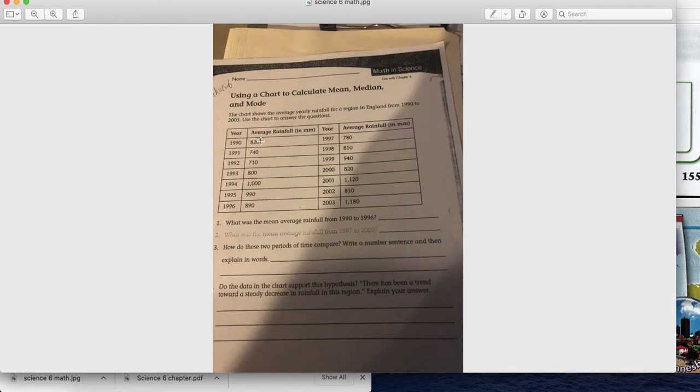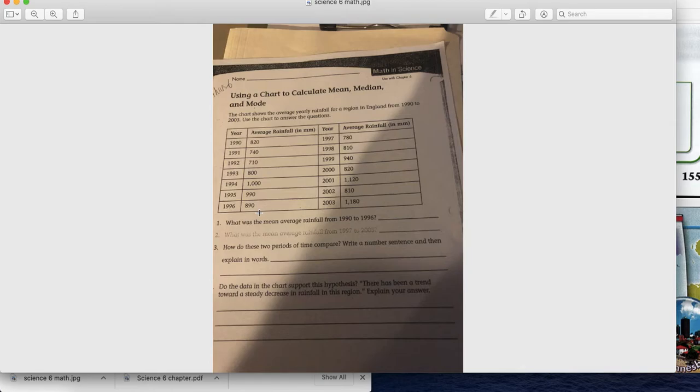So step 1, I need to add those all together. And so I'm going to get my little fancy scratch piece of paper here on my math thing, and I'm just going to start writing those things all out and check to see how I did when I add them all up.